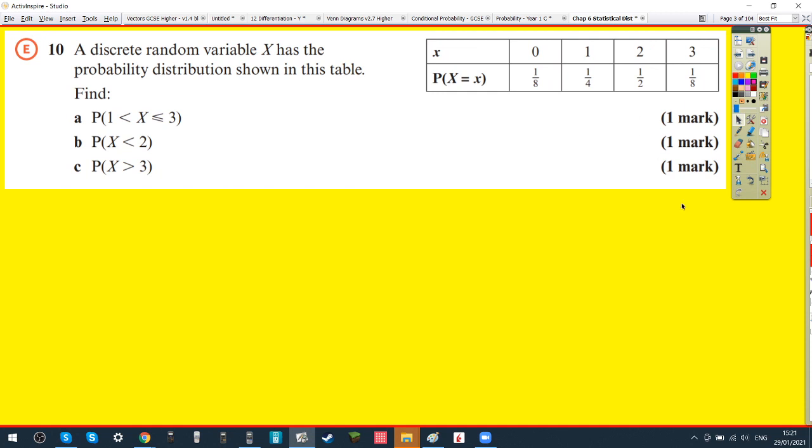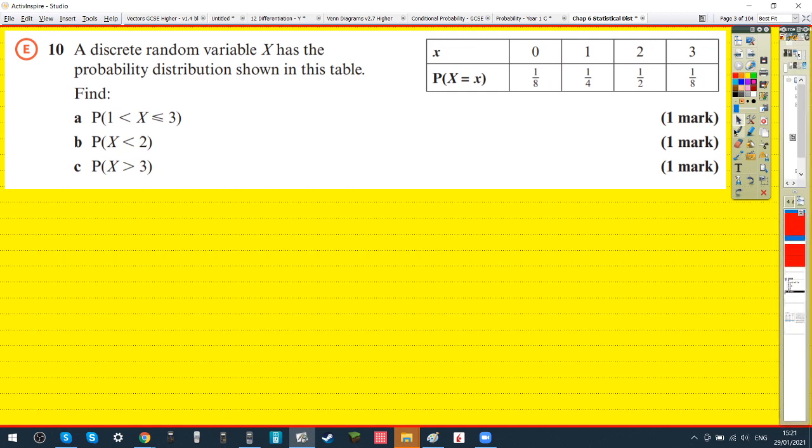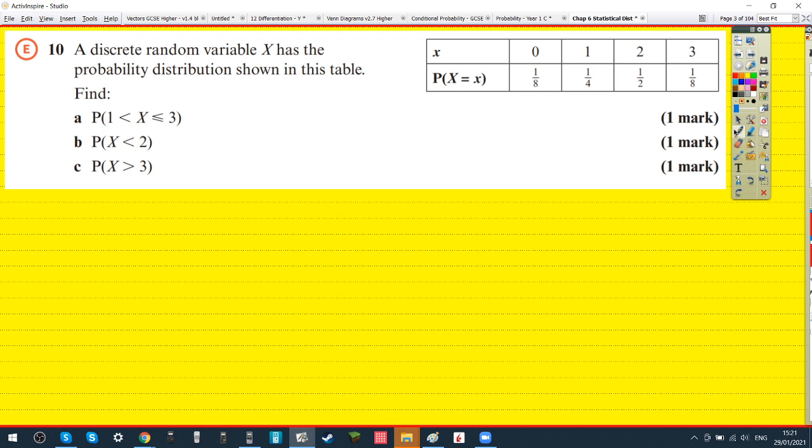Exam question already, right? How about this one? Okay, so probably different.